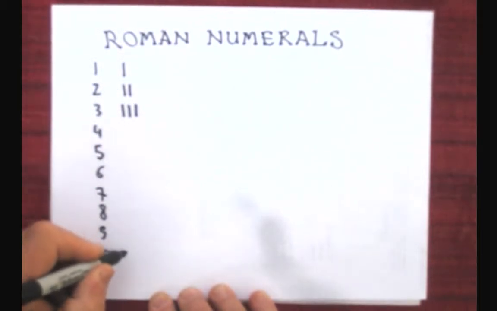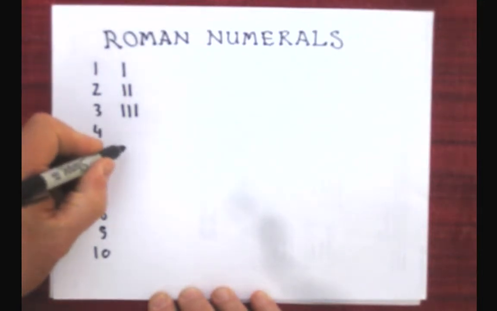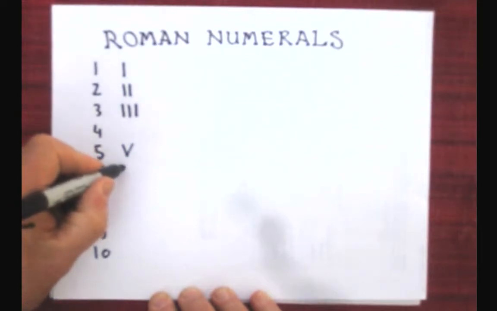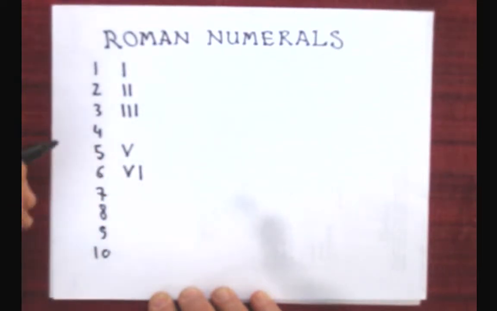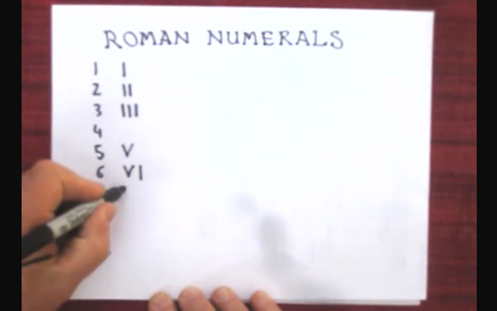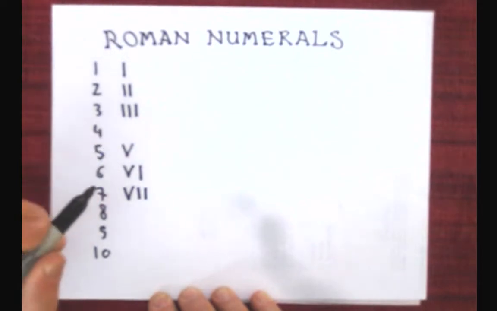And of course you can go 10 I's, but that gets very inconvenient. So you make up new ones. 5 is V. 6 is VI. 5 plus 1 is 6. 7, VII, etc.